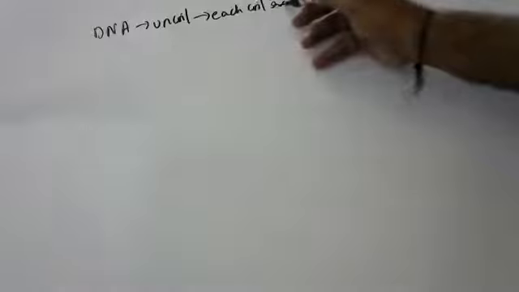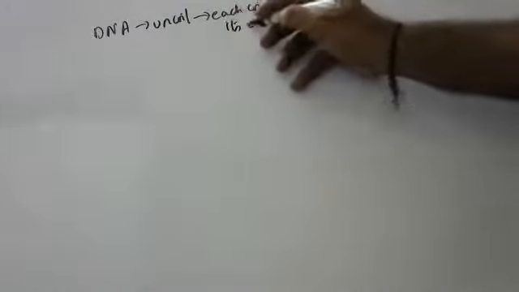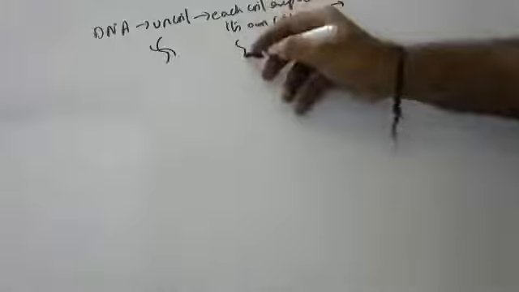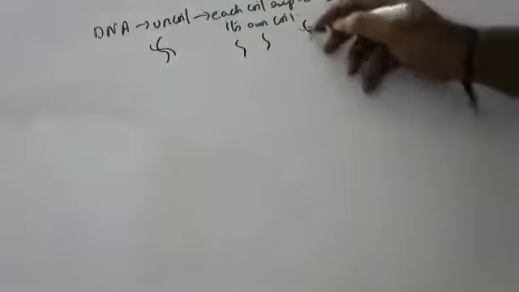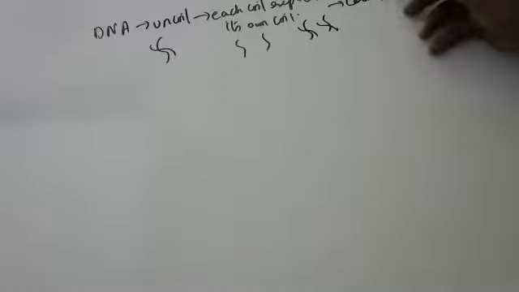So what happens to the DNA? It will uncoil, and each coil replicates its own DNA, its own coil. After replication, they both become uncoiled, each one forms its own coil, and then they both form their own cell apparatus.